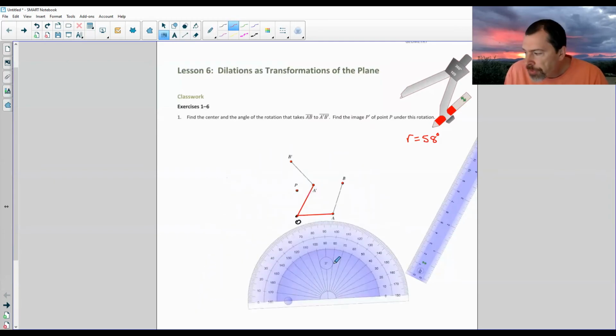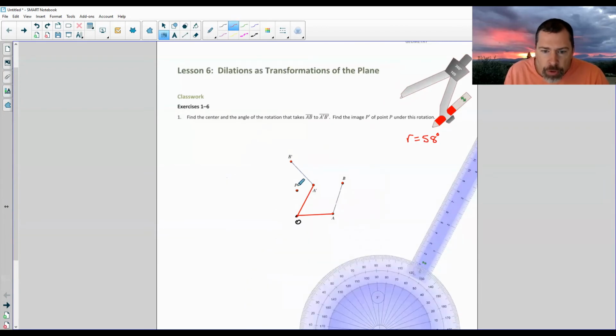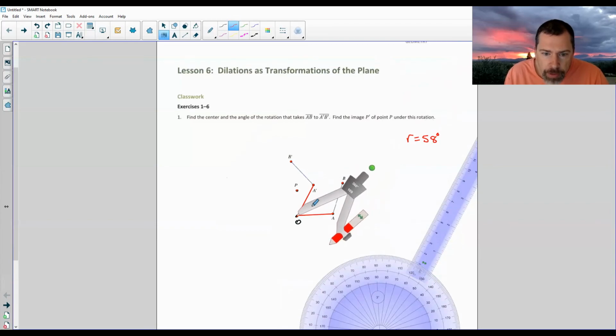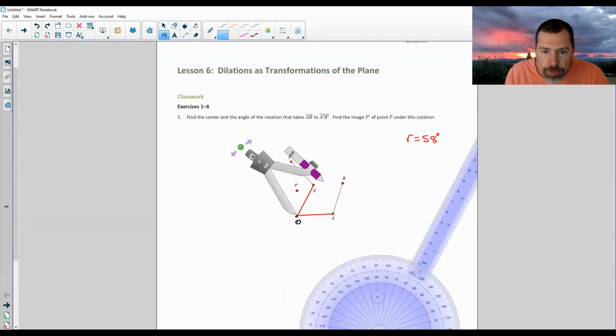So what I'm going to do now is draw a circle about the center O going through P. So I want a circle with radius OP. And let's make this purple now. Rotate this around and bring it in so that it's going through P. Right here, and draw a circle.